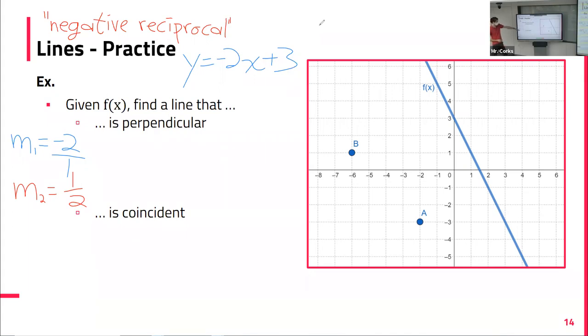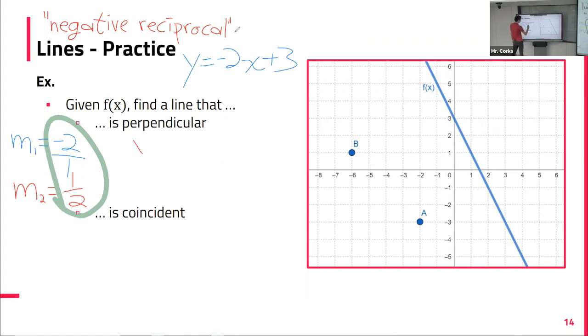Yeah, -2 over 1. So yeah, the pair here. The second slope is the negative reciprocal of the first slope, and in the other direction as well. So flip over the fraction, change the sign. That's the easier way to say it.